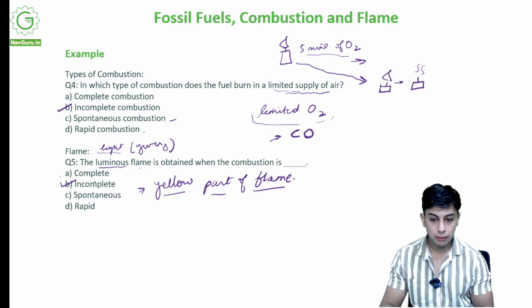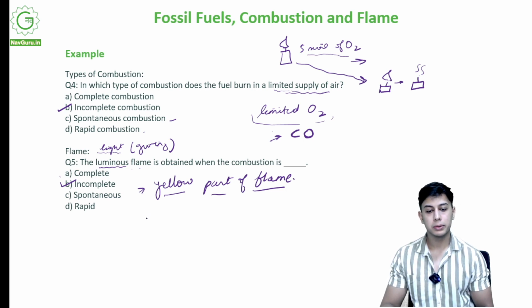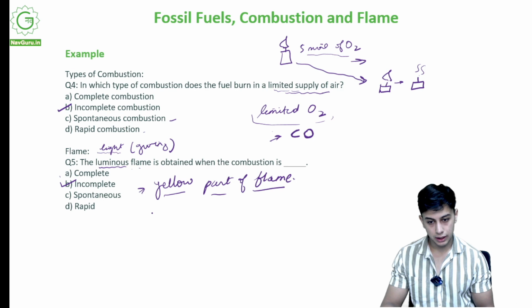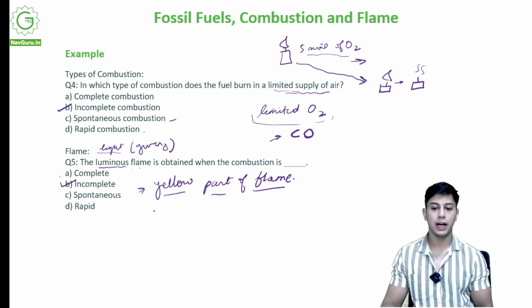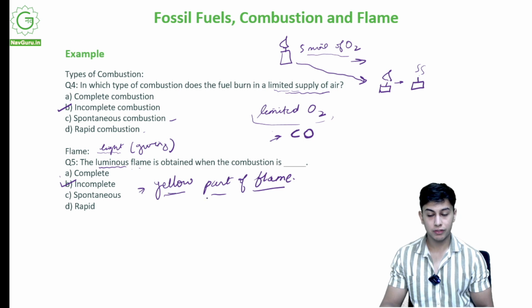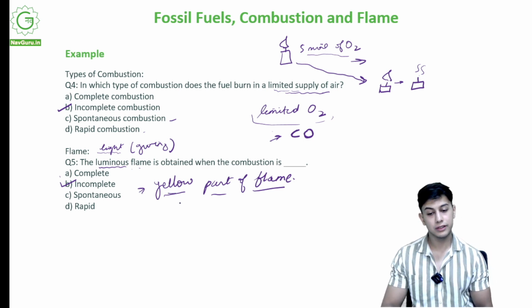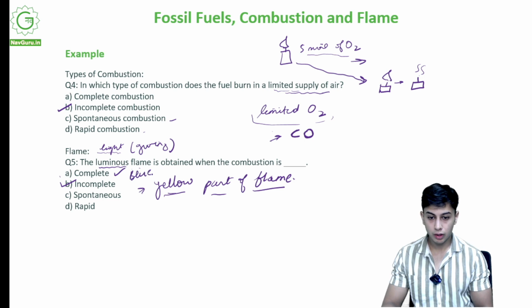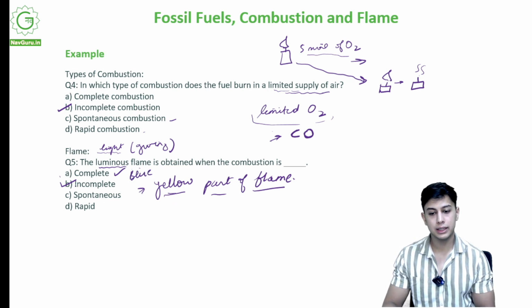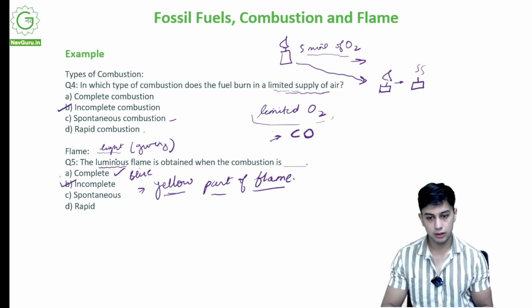But in incomplete combustion, the object is burning but partially. All right, that is why in candles we have yellow flame. Okay, you've seen gas stove ovens in your kitchen. All right, that is complete combustion. There is no ash left, it burns blue, not yellow. If there is a luminous part of the flame, then there is some incomplete combustion happening.